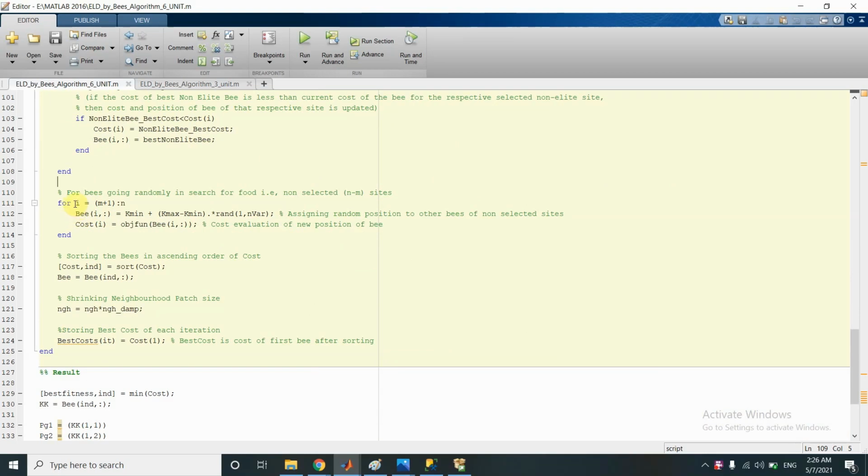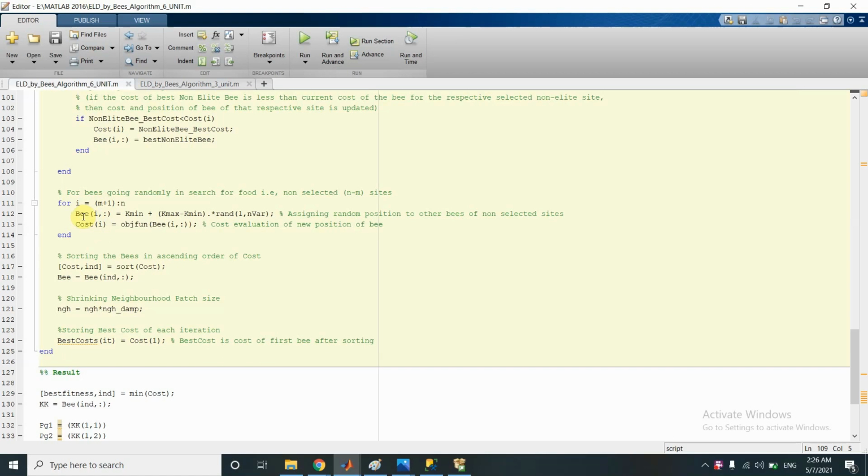So this for loop is initialized and it will run from m plus 1 till n. So m value is 100. M is the number of selected sites, among which some are elite, some are non-elite. So total of 100 sites are selected, and the remaining sites, or we can say the remaining bees, will be sent in random direction. So this for loop will run from 101 to n, that is 200. So it will run from 101 to 200.